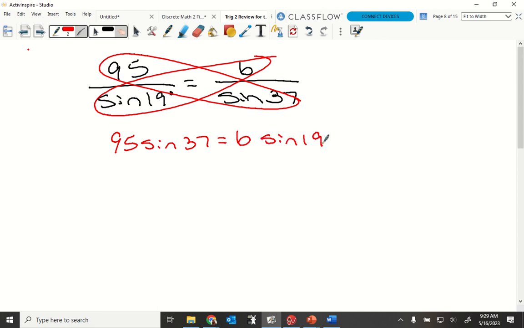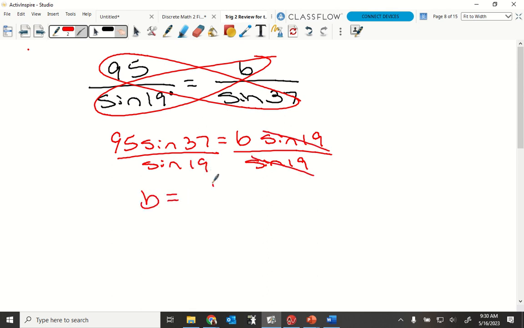Now, I'm trying to get little b by itself, so I'm going to divide both sides by sine 19. Those cancel, so little b is equal to 95 times sine of 37 divided by sine of 19.